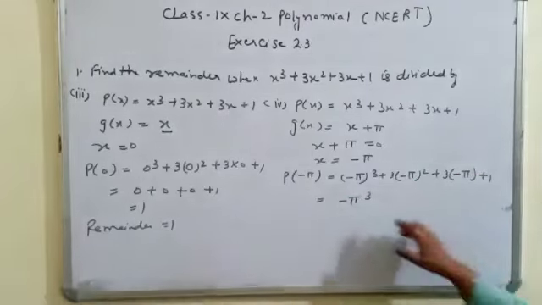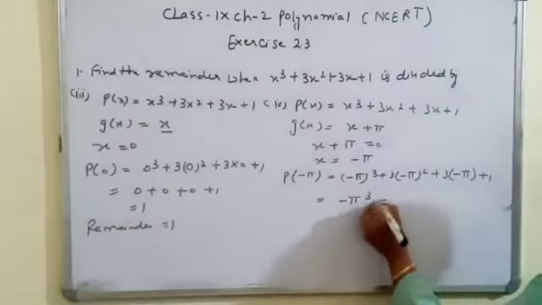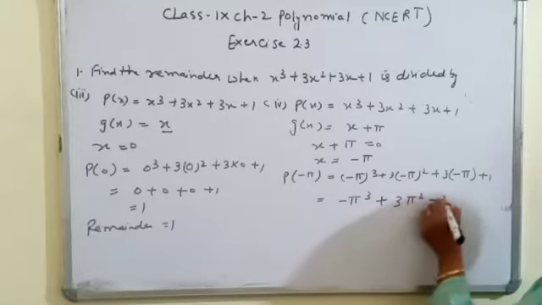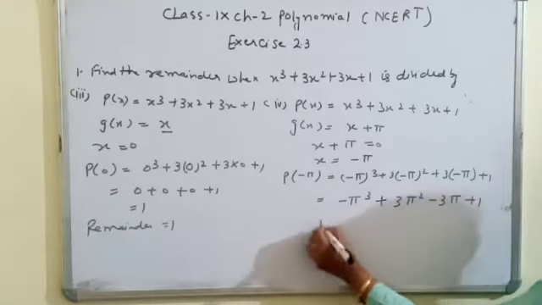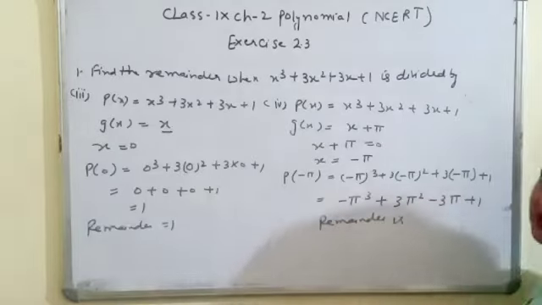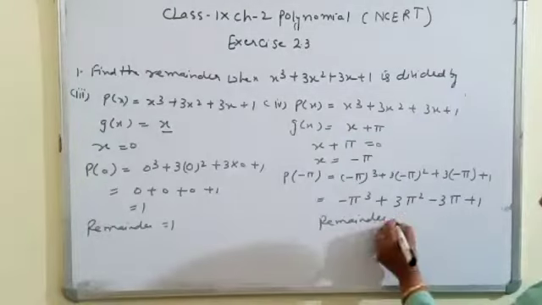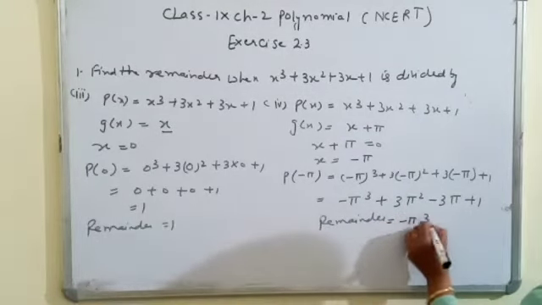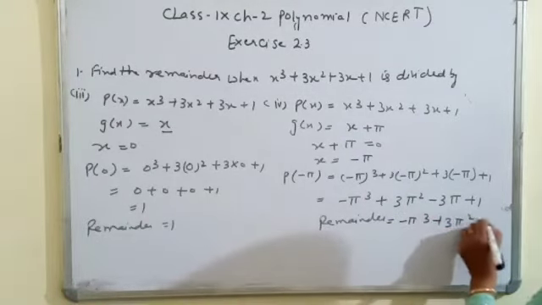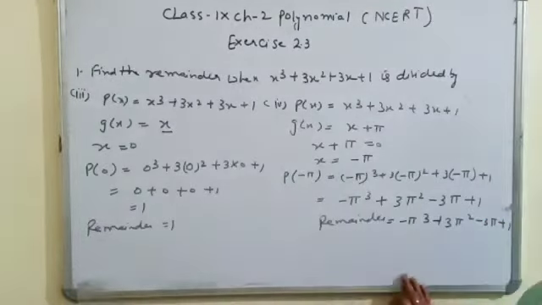When we simplify, that is minus pi cube plus 3 pi square minus 3 pi plus 1. Now this is your remainder. You have no need to substitute the value of pi or do more calculation. Leave it here only. Yes, this is the remainder for part 4.